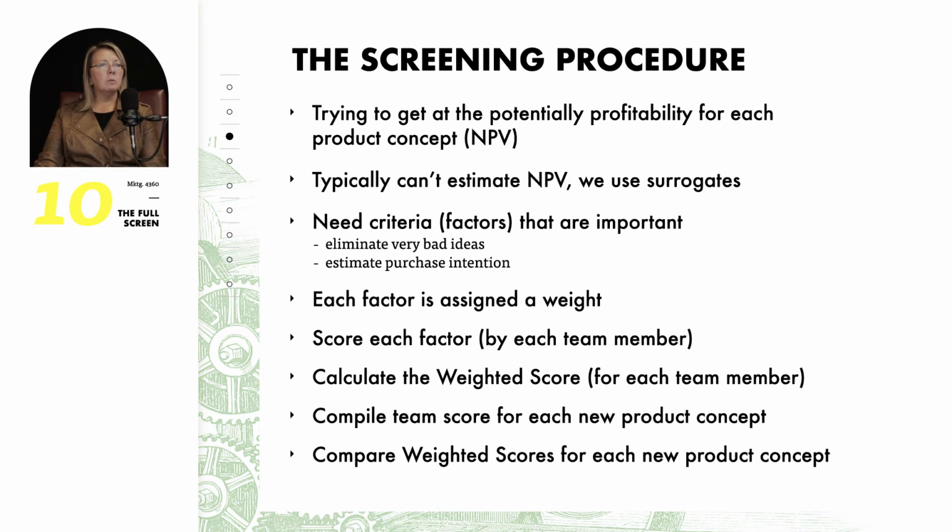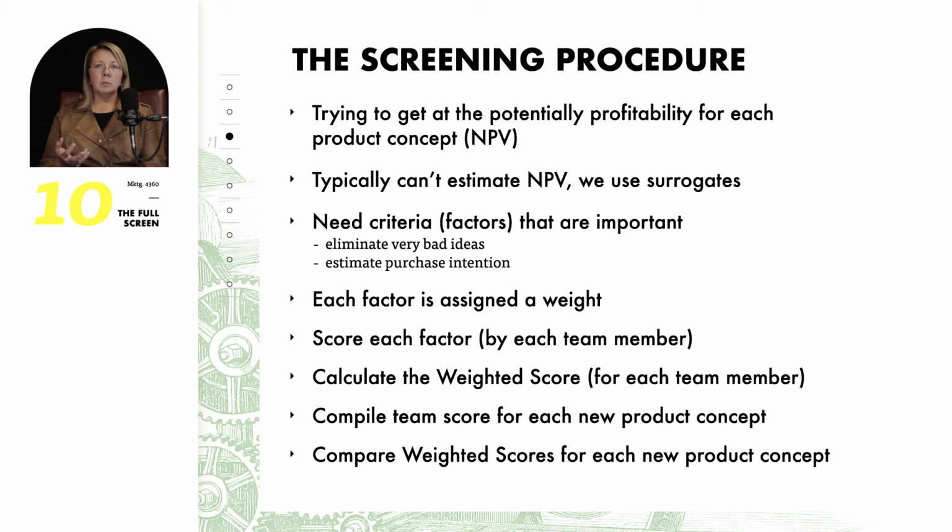All right, moving on here. Once you have identified the criteria that are going to be important to your company, somebody in the company, it may be a team, it may be the president of the company, assigns a weight to each of those criteria or scoring factors. Each of the criteria also needs to be something that a number can be assigned to.